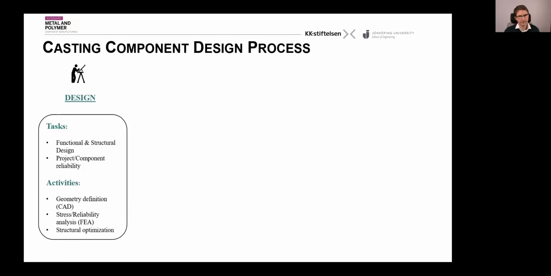When we speak about the casting component design process, usually we start with the design of the component. So the design has some tasks, has some requirements, mainly related to functional and structural design and component reliability. And it has to develop a shape that fits the requirements.